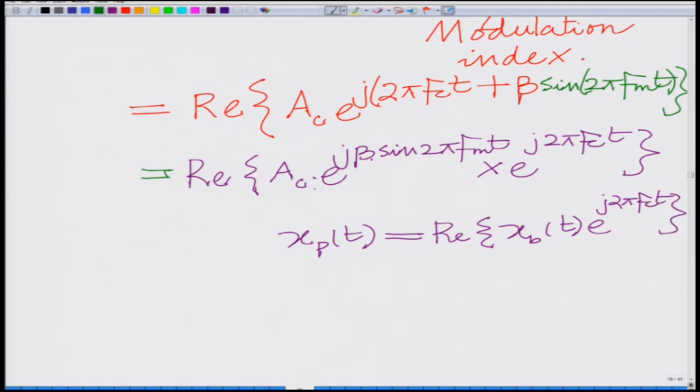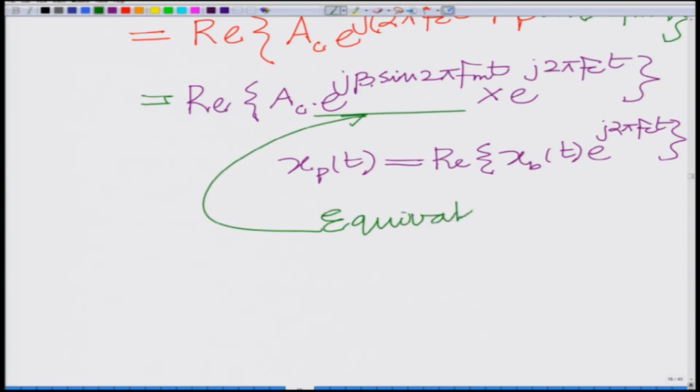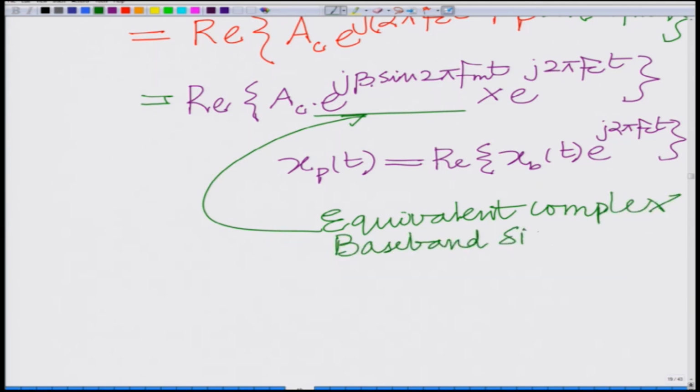So, this is the equivalent complex baseband signal of the FM signal.